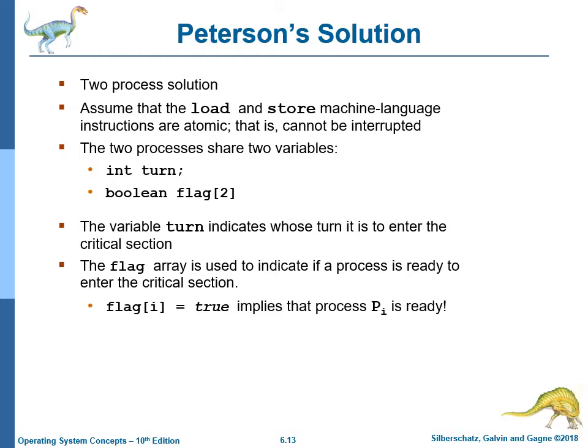So variable turn ni akan indicate proses yang mana yang akan the next process yang akan enter the critical section, and the flag array ni akan indicate which process is ready to enter the critical section. So dia apply mutual exclusion. Dia take turn untuk proses yang akan enter the critical section, dan dia akan bagi tahu array indicate proses mana yang akan ready untuk enter the critical section.